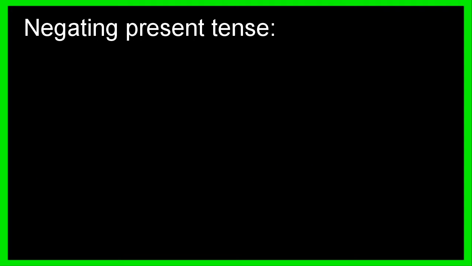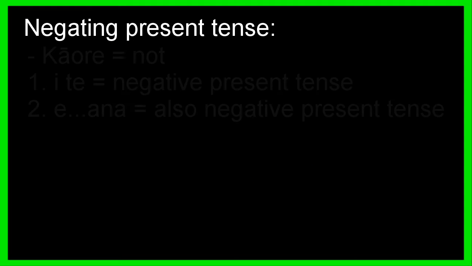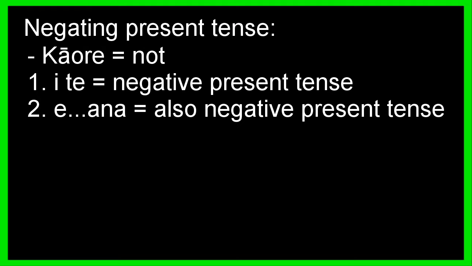For negating present tense, we learned a negative word to use is kaore, which means not. For the tense, there are two options for present tense. Number one, the kei te is used for an active sentence, but becomes i te in the negative sentence.